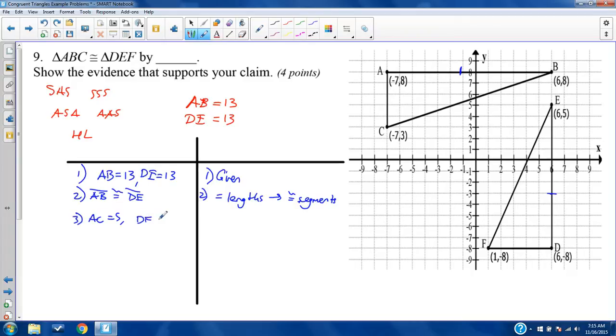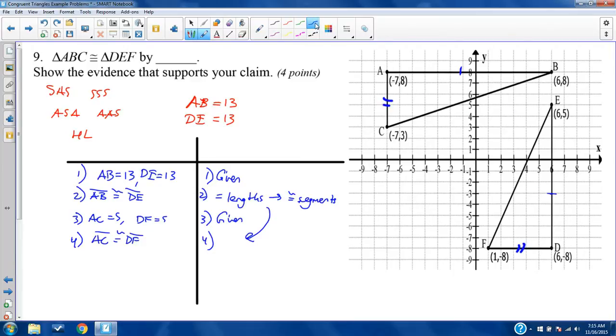DF equals 5. Also given. And then AC is congruent to DF. Same reason as the other one. Segment AC is congruent to segment DF. That reason there: equal lengths is same as congruent segments. Let's go and mark those congruent.